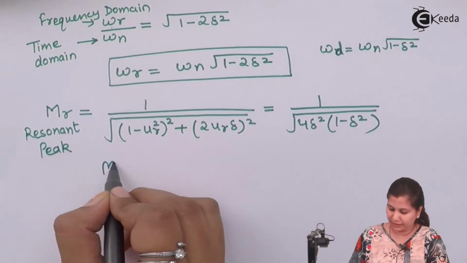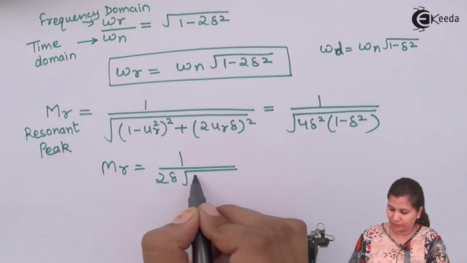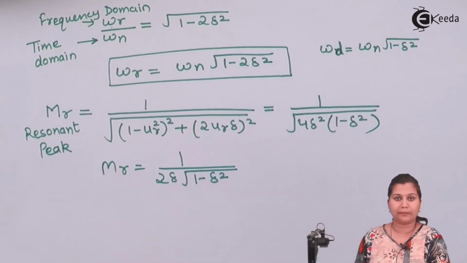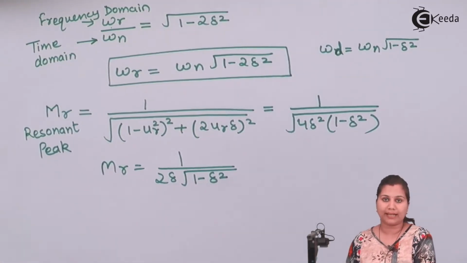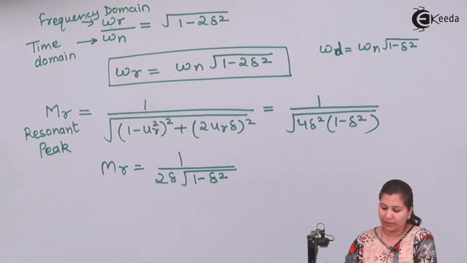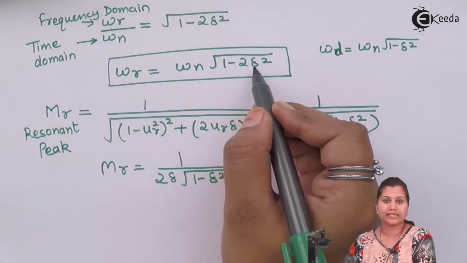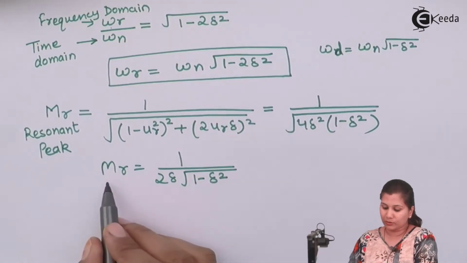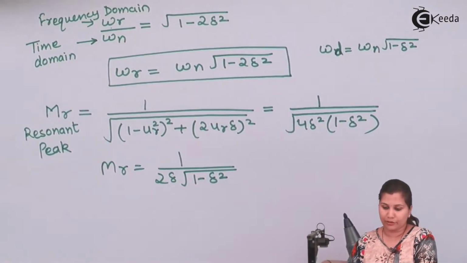If we simplify it, it will be 1 upon 2 del under root of 1 minus del square. Okay, and we have maximum overshoot in the time domain also. So in this way, the frequency domain and the time domain are correlated with each other. You can see that the resonant peak is also a function of del, which is the damping ratio.